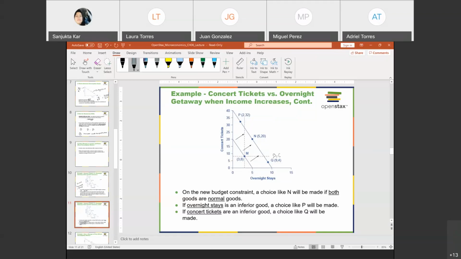All right, so compare point M to point N here. At point N both goods are normal goods because she's buying more compared to point M. Now compare point M to point Q here. She is buying more overnight stays.